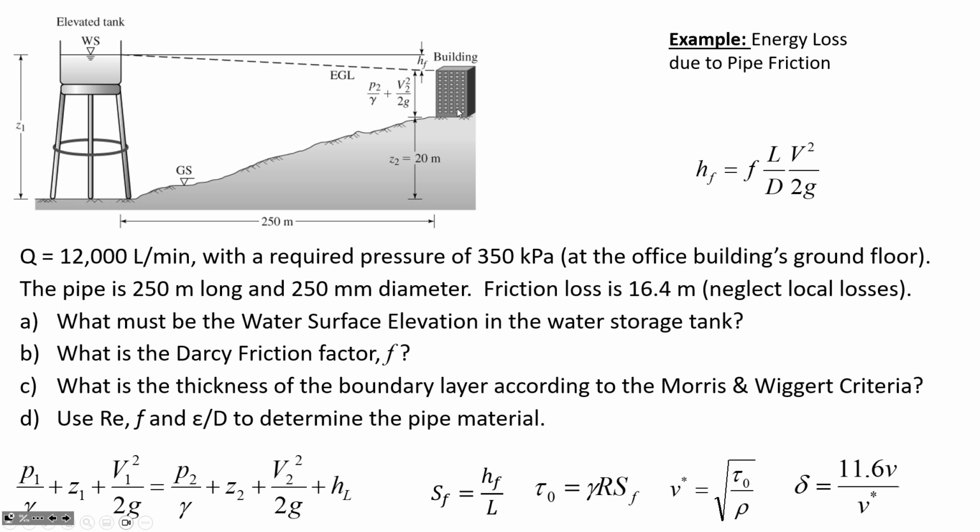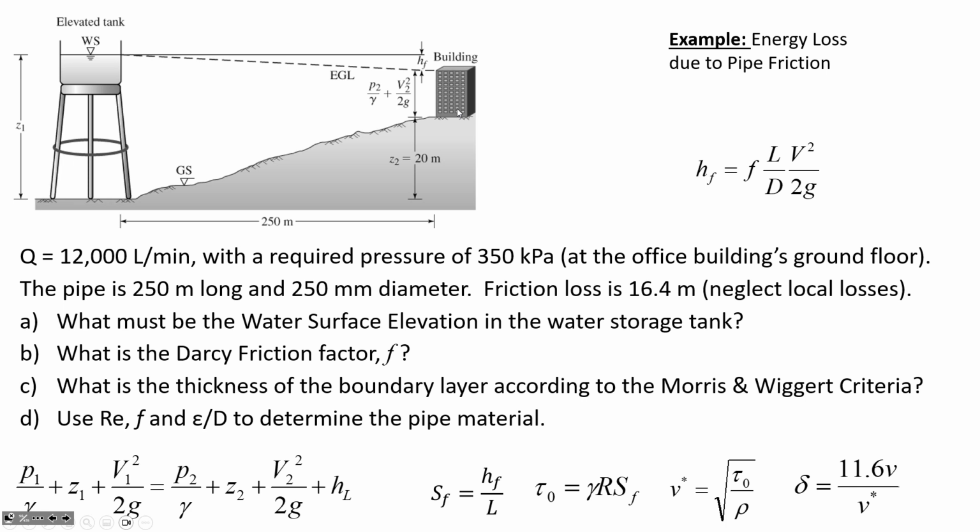So 12,000 liters per minute, that's the same as 12 cubic meters per minute. And that's the same as 0.2 cubic meters per second, if we divide 12 by 60. So the flow rate is 0.2 cubic meters per second.